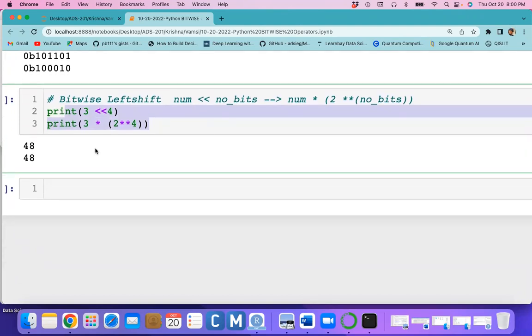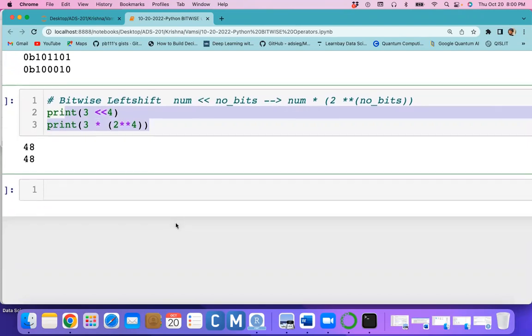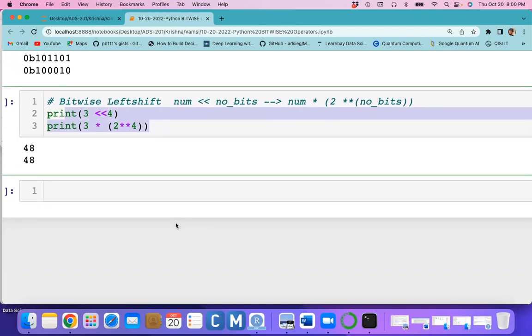For better understanding of how bitwise left shift is working, let me go through the bit level. Whatever number I have, it's 3, which is 11 in binary.